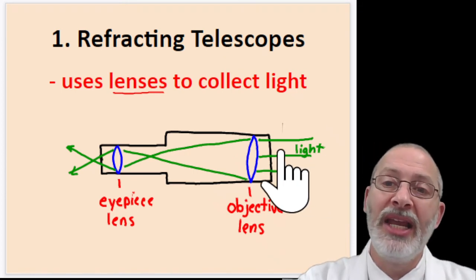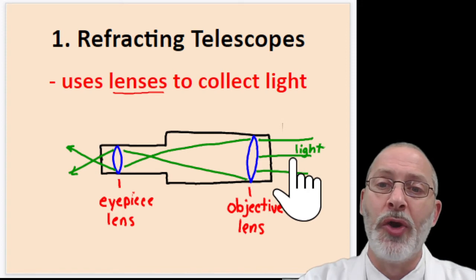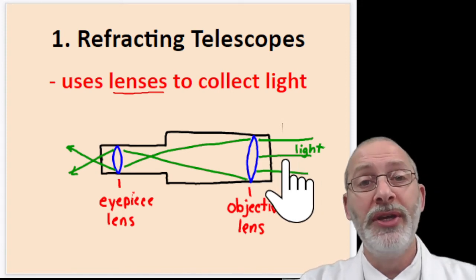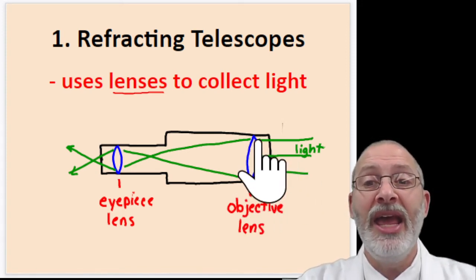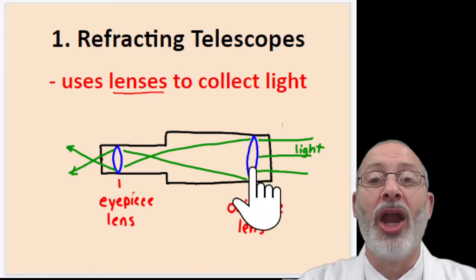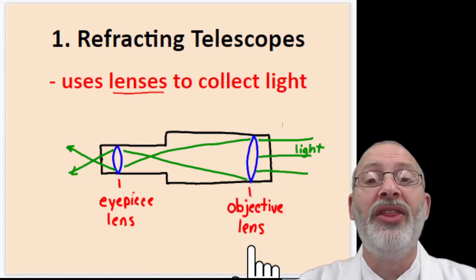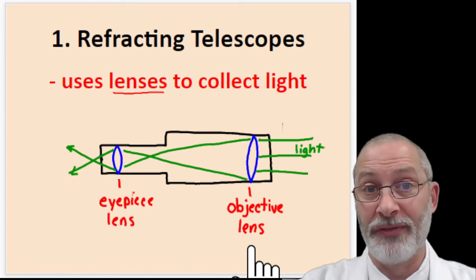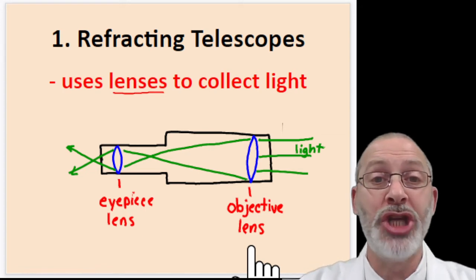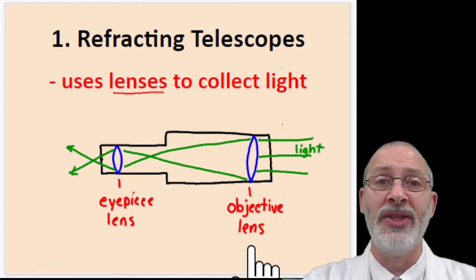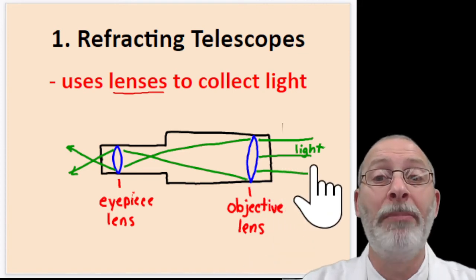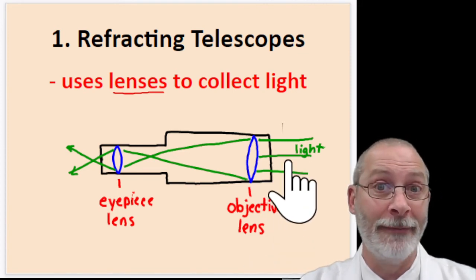As that light enters the telescope, it is first being collected and focused by a larger lens called the objective lens. The objective lens is the lens closer to the object that we are examining.